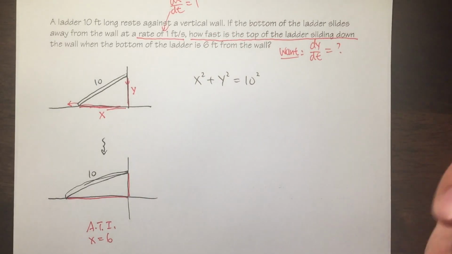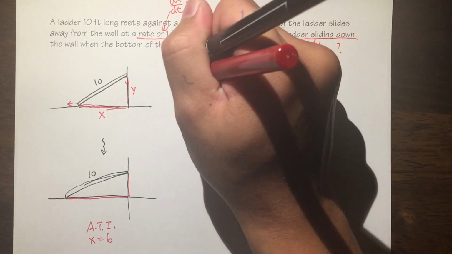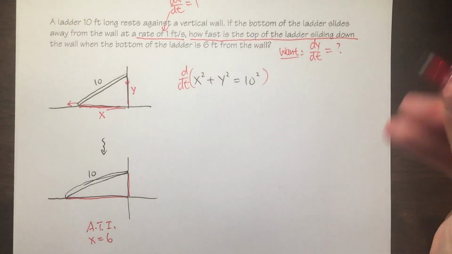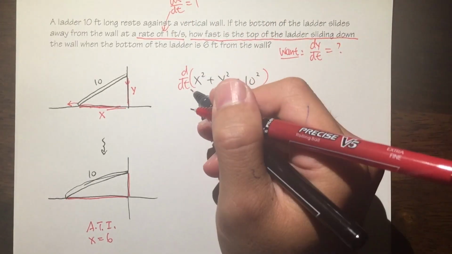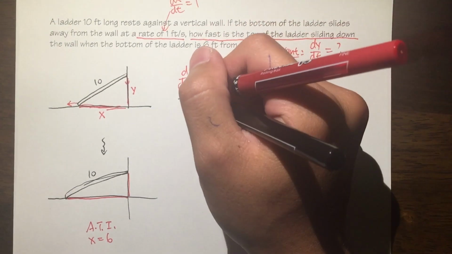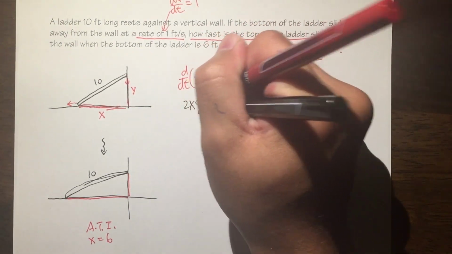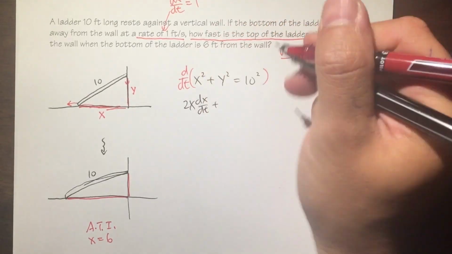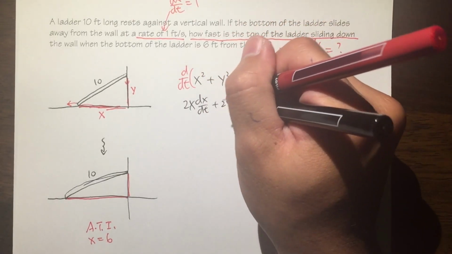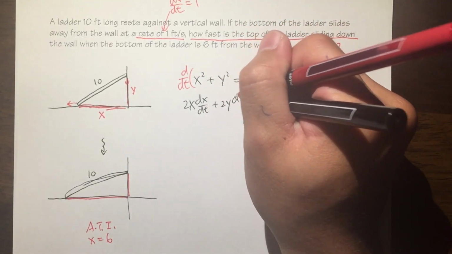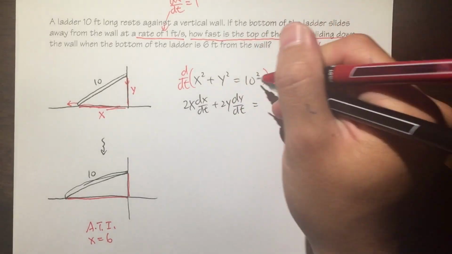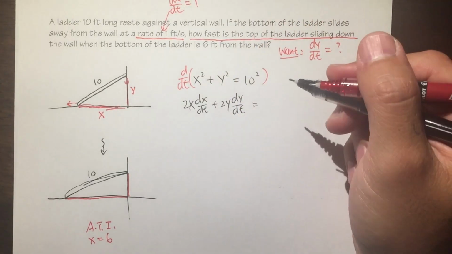And now we can totally differentiate this with respect to t. First, the derivative of x squared with respect to t is just 2x and dx/dt. Next, we add it with the derivative of this, which is 2y and dy/dt. Good. And what's the derivative of 10 squared?